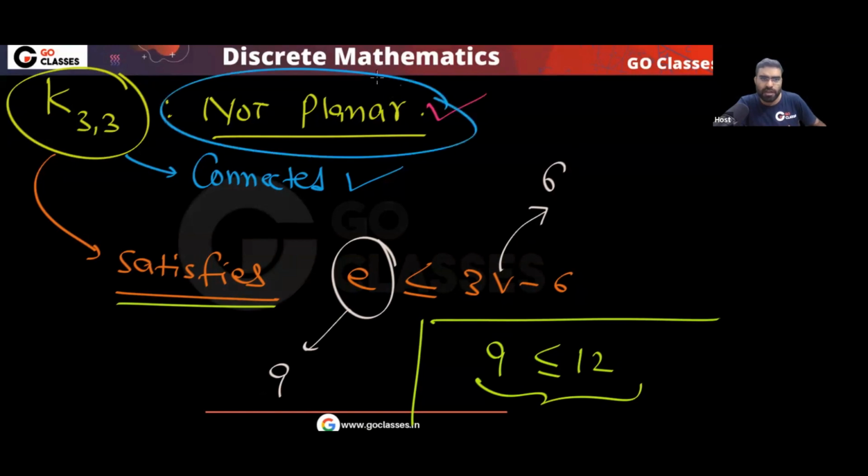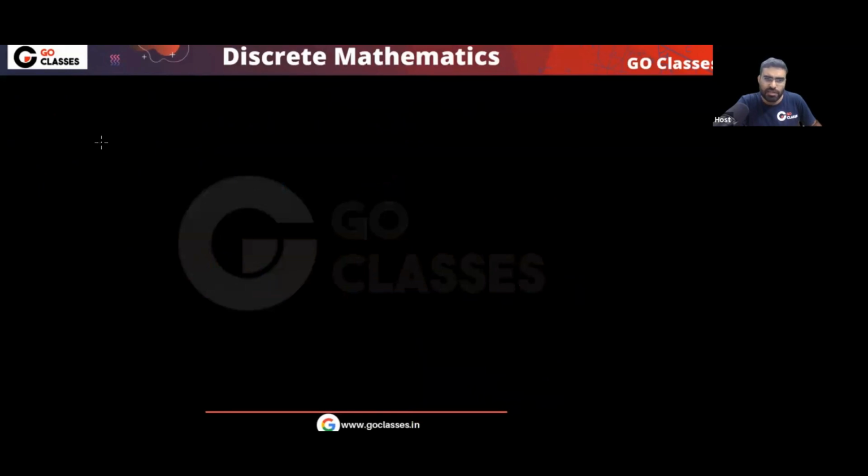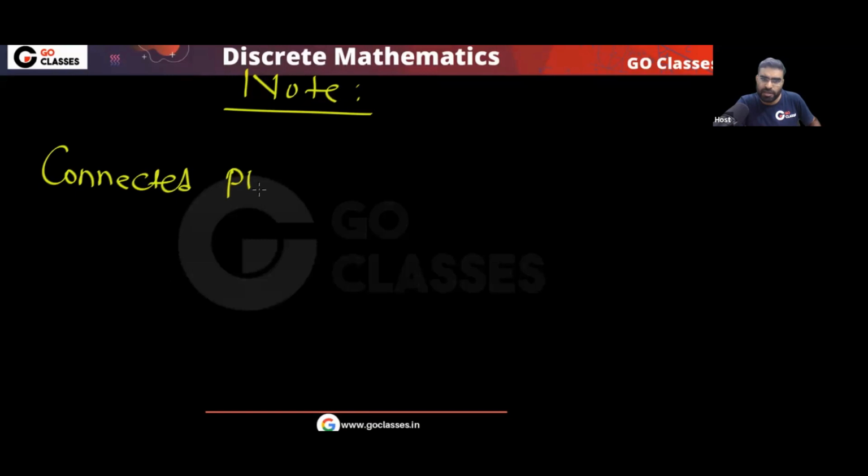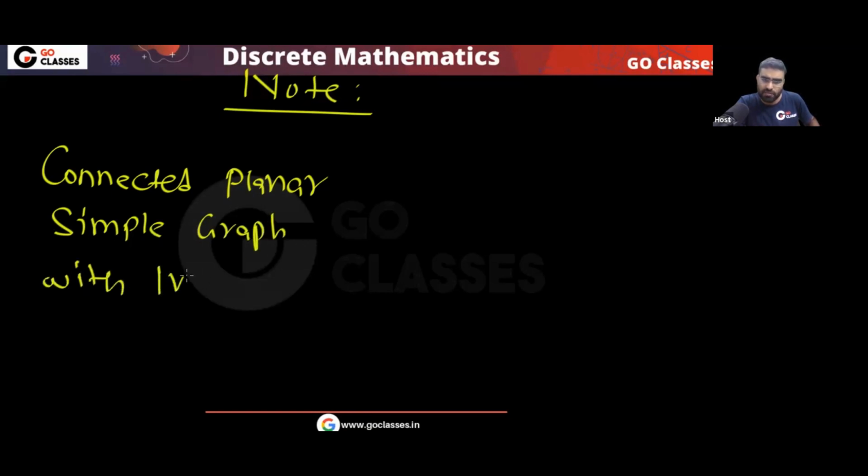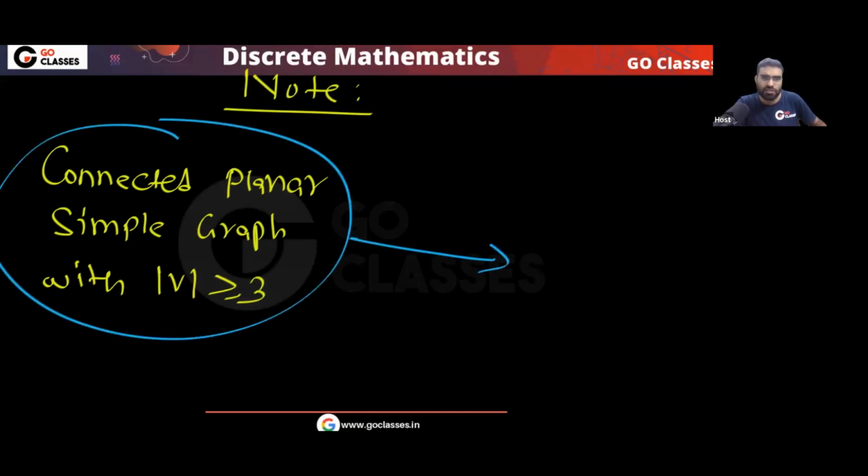So remember, this graph is not planar, but this equation is satisfied. So remember this point: if this equation is satisfied, that does not mean it is planar. Very important point: if you have a connected planar simple graph with at least 3 vertices, then definitely this equation will be satisfied.